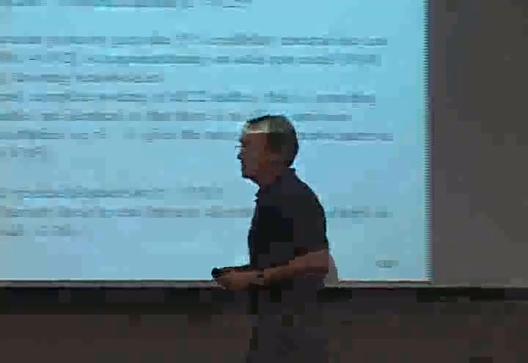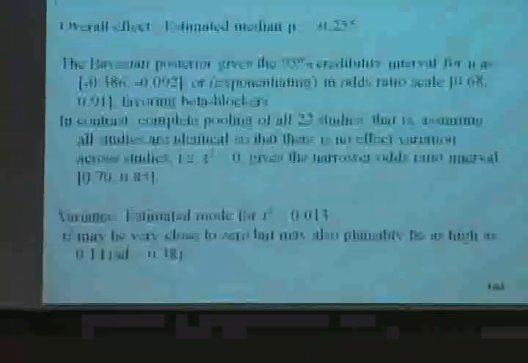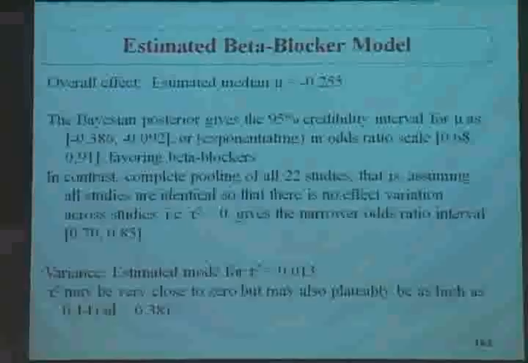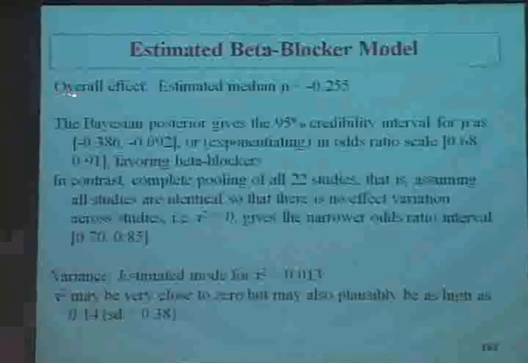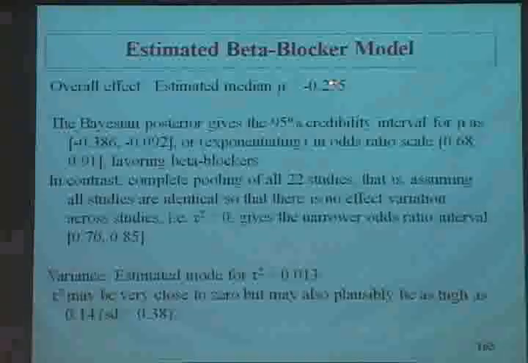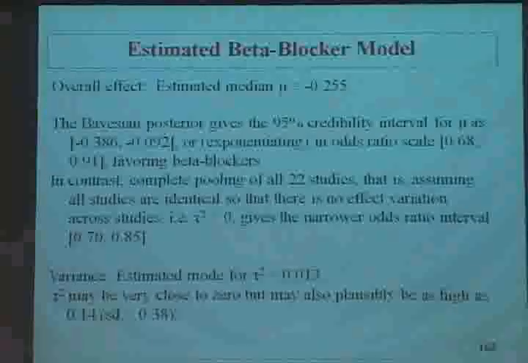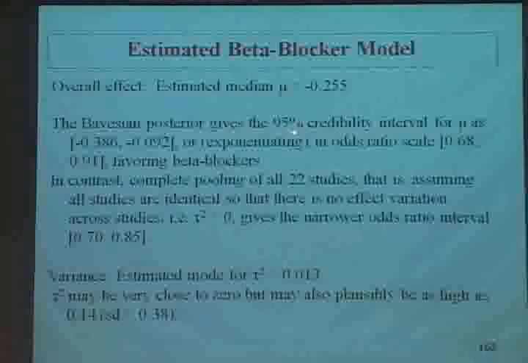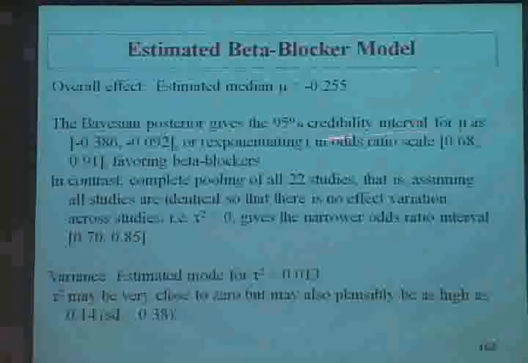So now let's think about how to interpret the effects. So we saw that the estimated mean for theta, which we call mu, is negative 0.255. And for the mean, we have a Bayesian posterior 95% credibility interval.